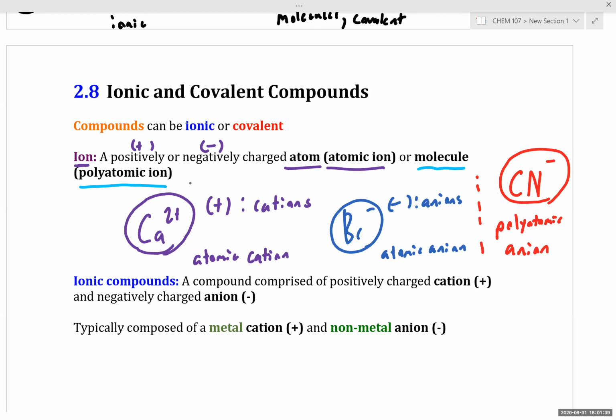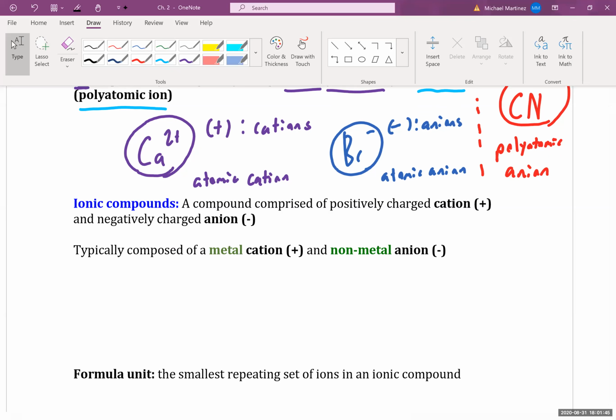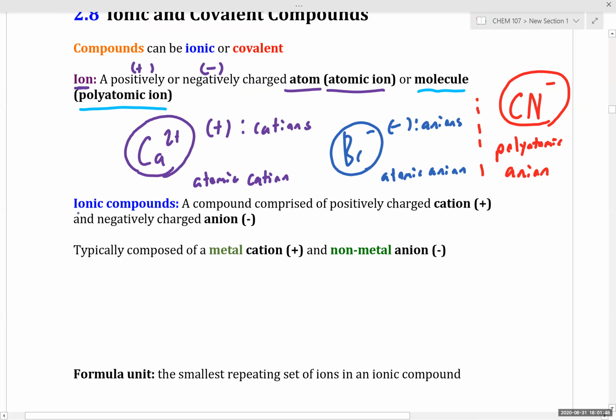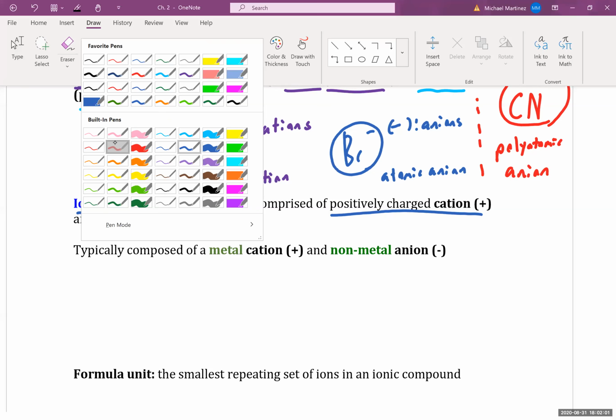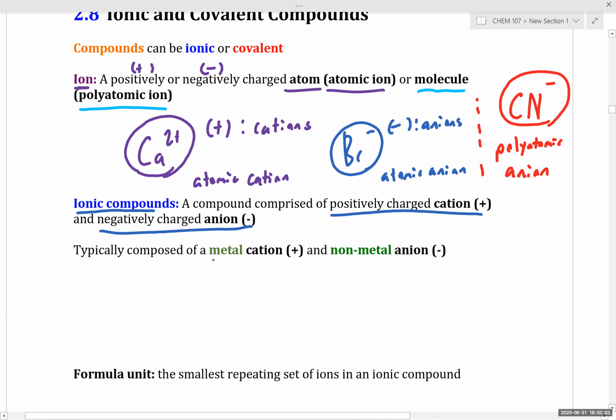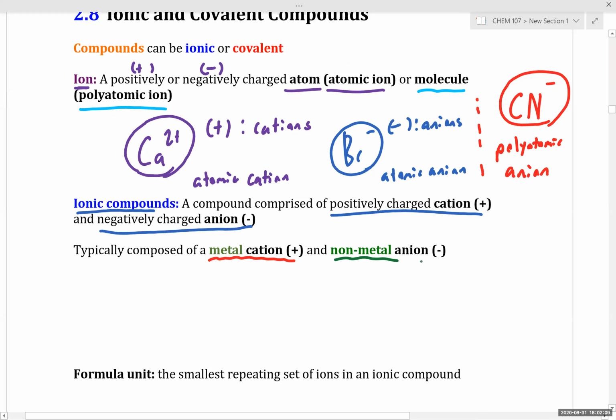Now, why is this important? Well, ionic compounds are a subclass of compounds that in turn are composed of a positively charged cation and a negatively charged anion. Overwhelmingly, ionic compounds are composed of a metal cation and a non-metal anion.